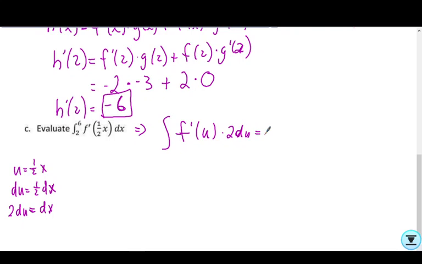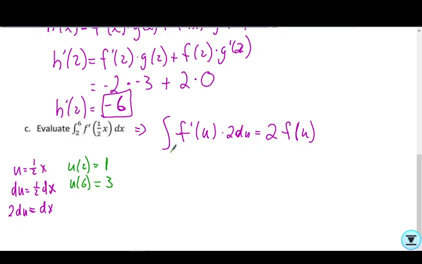equals, and the 2 is just a constant, so we move that out front, will be 2 f of u. That's the antiderivative part. Okay? Now, I'm also going to change my upper and lower limits. So u at 2, when I plug in 2, I get 1, and u at 6, when I plug in 6, I get 3.